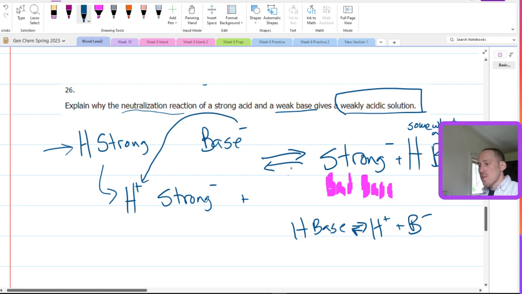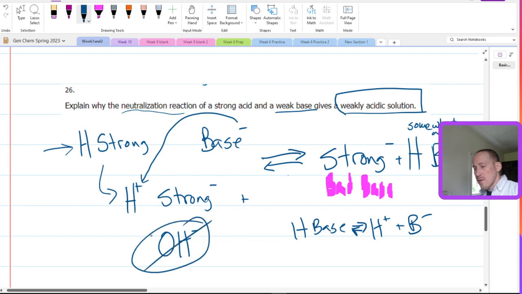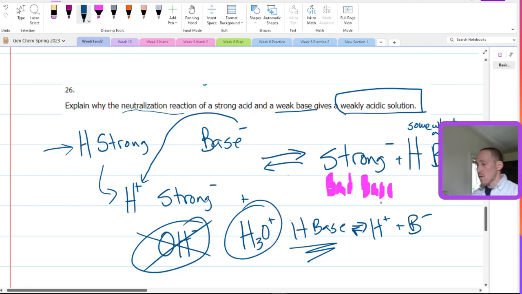What this means ultimately is the solution is not going to have hydroxides around very much, because anytime there would be a hydroxide, H base is going to give it a proton, and it's going to become water. So we're not going to have hydroxides around, but we will have some hydronium around, because H base is around to give a proton to water.